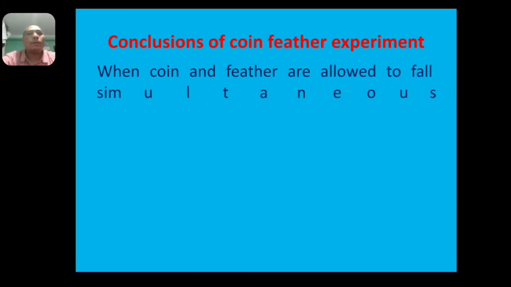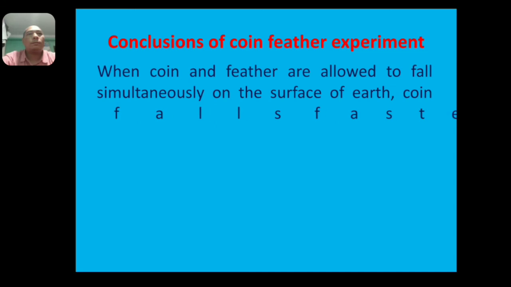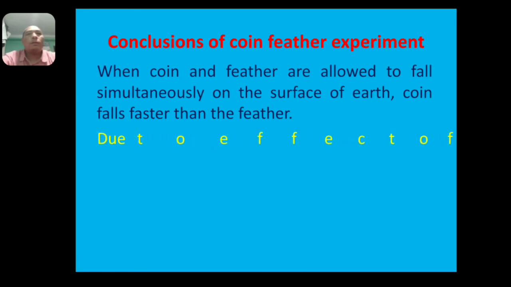Conclusions of coin feather experiment. When coin and feather are allowed to fall simultaneously on the surface of Earth, coin falls faster than the feather due to effect of air resistance.